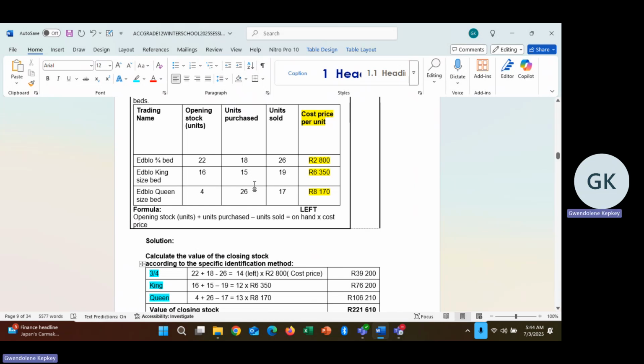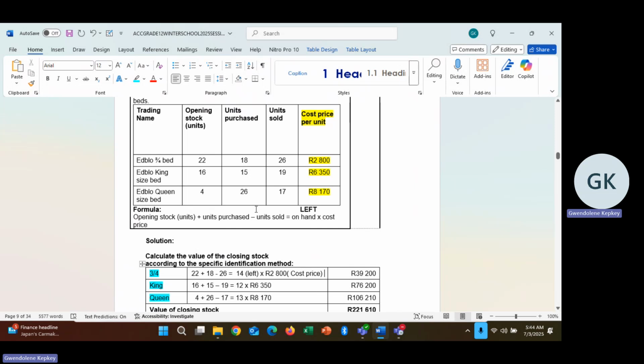Then for the king, I have 16 items. I've purchased 15. I sold 19, and I have 12 left. That 12, multiply it by the cost price of the Edblow King, gives me a rand value of 76,200. Then, grade 12, the queen, I have 4 in the beginning, opening stock.